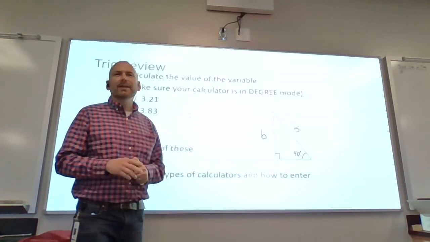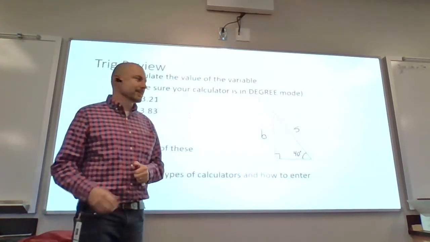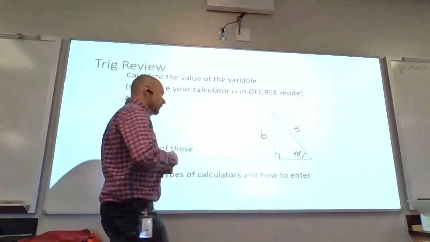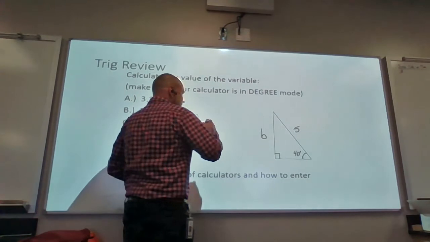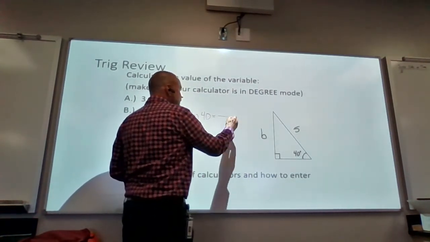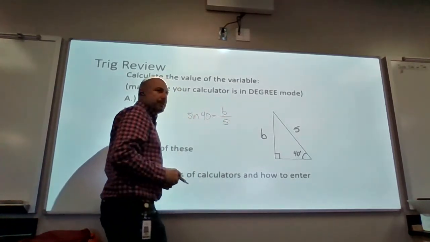There's tons of different mnemonics. So I don't care how you do it, just memorize it. Sine of 40 gives you opposite over hypotenuse.